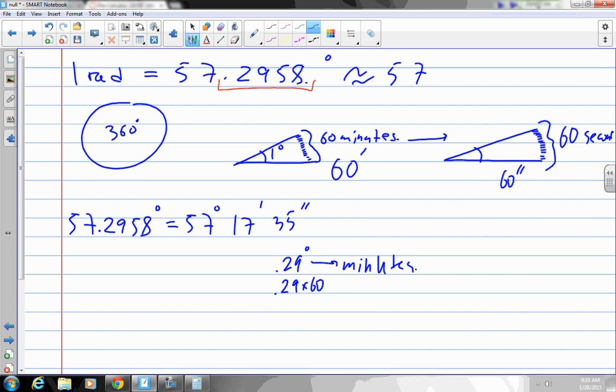If I just say 57.3 degrees, if I rounded 0.2958 to 0.3, well, a third would be 20 minutes, but 0.3 of an hour is 18 minutes, right? It's not a third. A third would be 0.3333, that would be 20 minutes. So this was equivalent to saying 57 degrees and about 18 minutes.